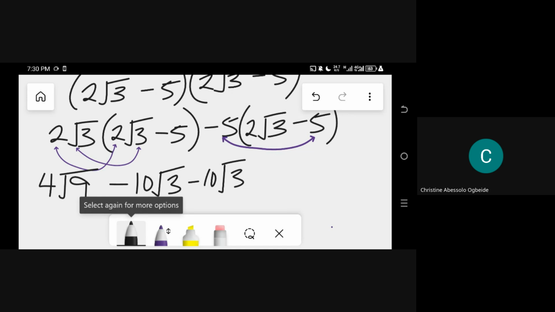So minus 5 times minus 5 should be plus 25. Do not forget to multiply with the sign. That minus before the 5 has to always move with 5. Some students just say it is 5 times 2 root 3. That's not correct. It is minus 5.